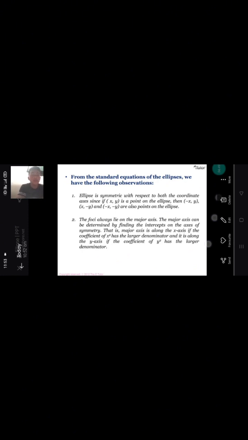Number 2, the foci always lie on the major axis, and the major axis can be determined by finding the intercepts of the axes of symmetry. That is, the major axis is along the x-axis if the x squared term has the larger denominator, and it is along the y-axis if the y squared term has the larger denominator.